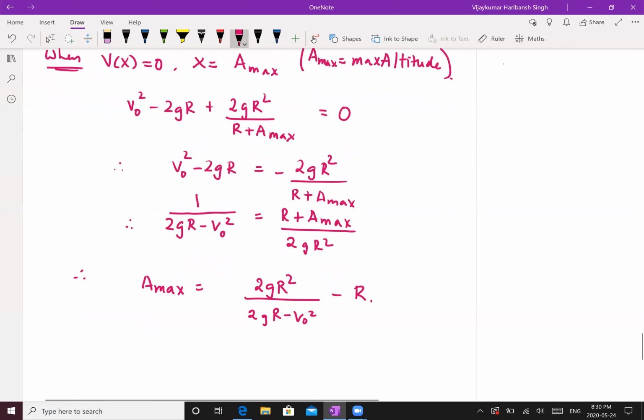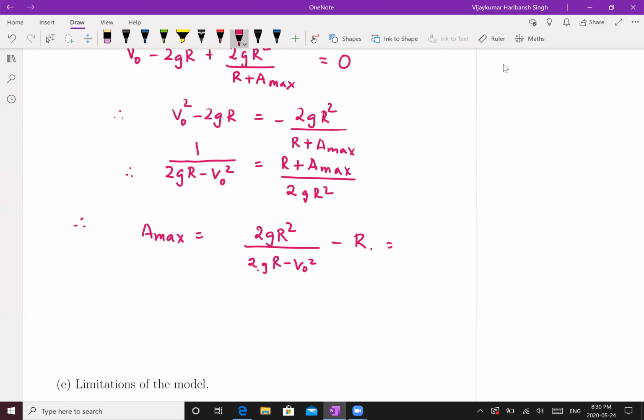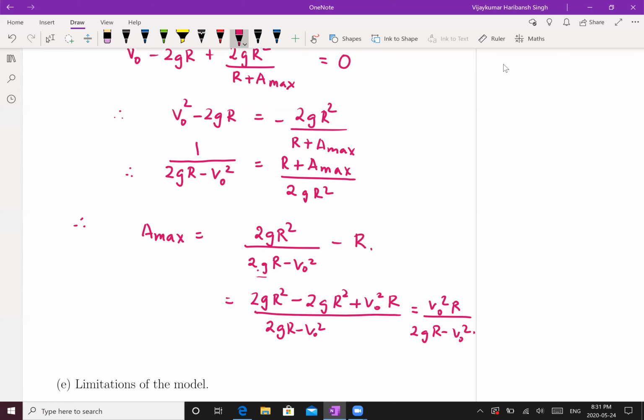And when you cross multiply and simplify, this will become v0 square r divided by 2gr minus v0 square. So this is your a max.